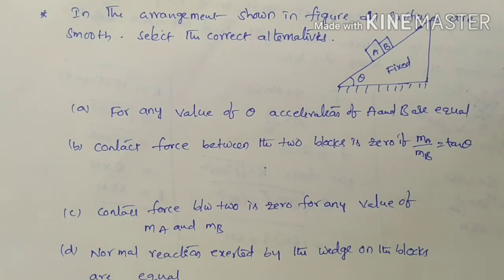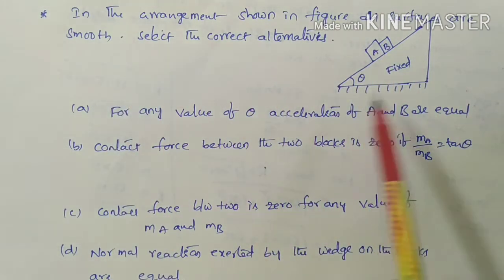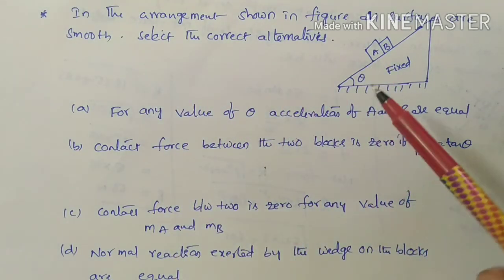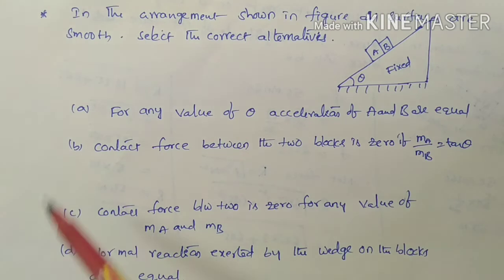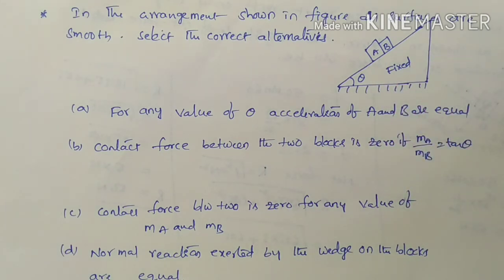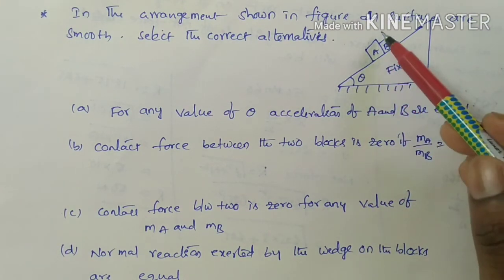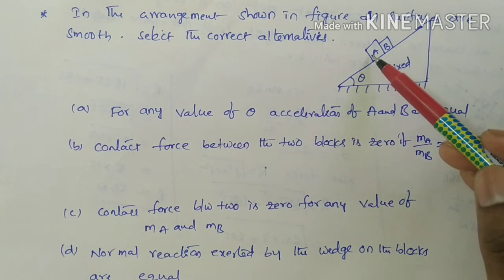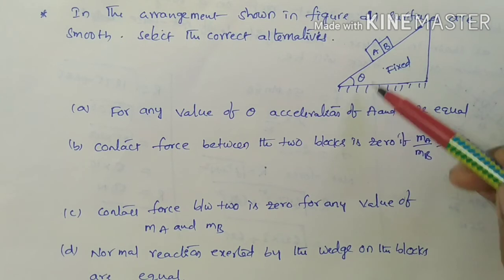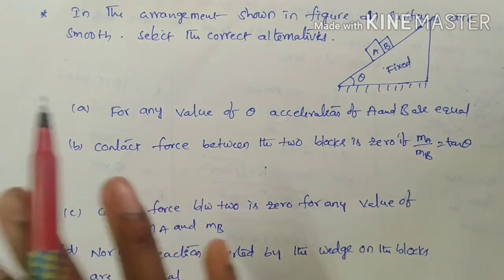Let us see one more problem. In the arrangement shown in the figure, all surfaces are smooth. Select the correct alternatives. Now you need to select the correct options among the 4 options. Here the inclined plane is fixed, they given. The friction between block A and block B, block A and the inclined plane, and block B and the inclined plane is smooth, so there is no friction.